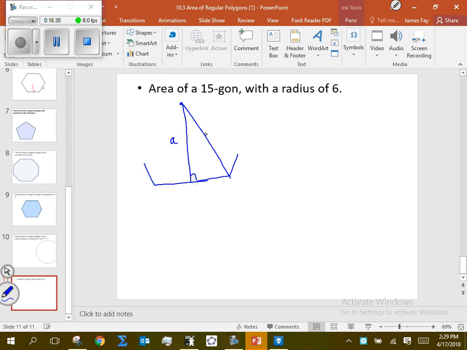So this distance right here, this hypotenuse, is the what of the 15-gon? This distance here is my radius, so that's 6. In my area formula, I need 1/2 apothem times perimeter, right? Okay.